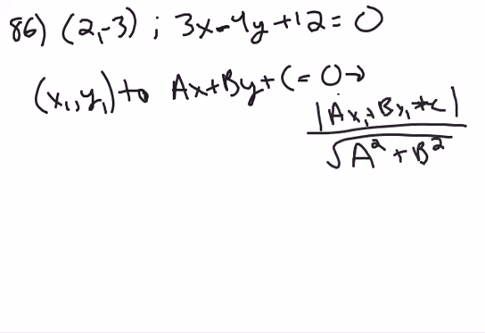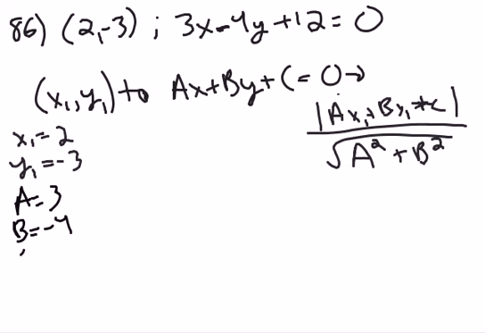So here, I'm just going to list out what I have. x1 is 2, y1 is -3. Okay, so in other words, this guy goes here. This is the y1. A is 3, B is -4, and C is 12. So A is here, B is here, C is here. You're just matching it up with this formula.